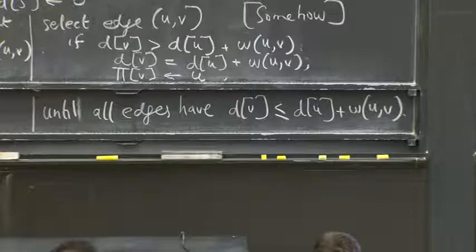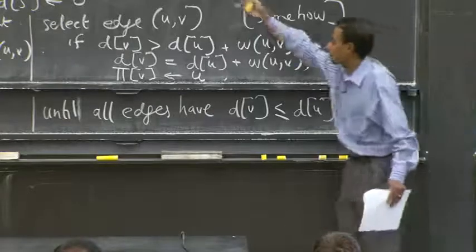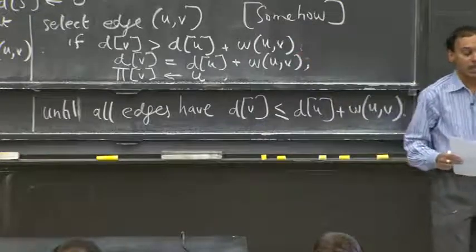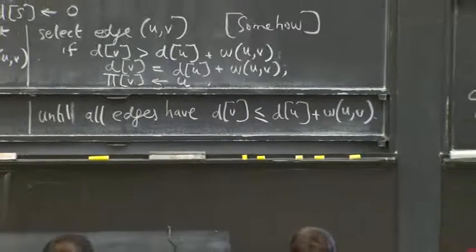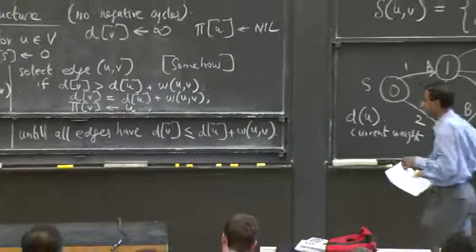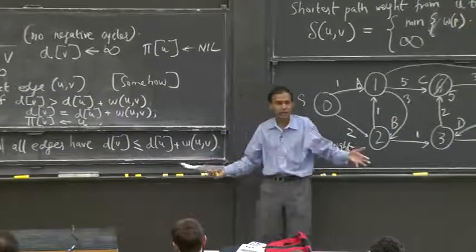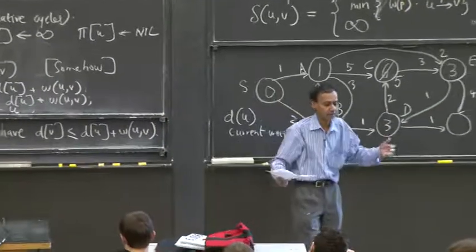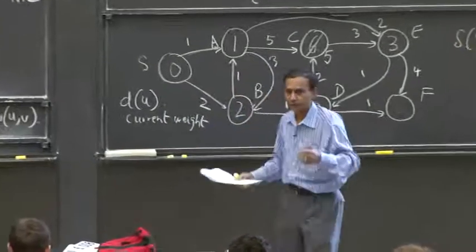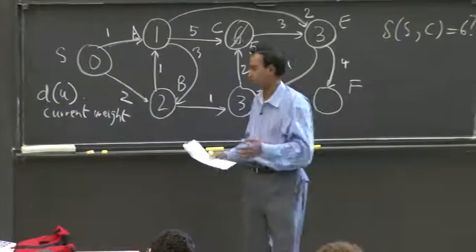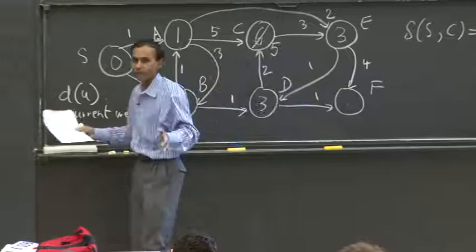It will work for no negative cycles, and if you just randomly select these edges and keep going, I'll give you an example in a minute where it works pretty badly. But this is an algorithm. So I guess I lied when I said we weren't going to give you an algorithm. It's just an algorithm that you never want to implement.